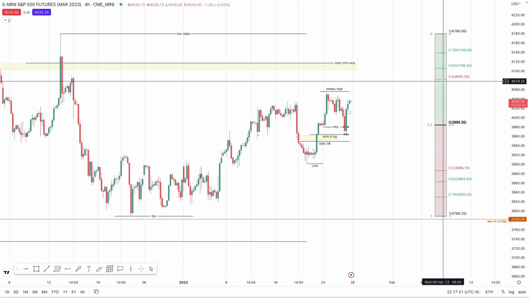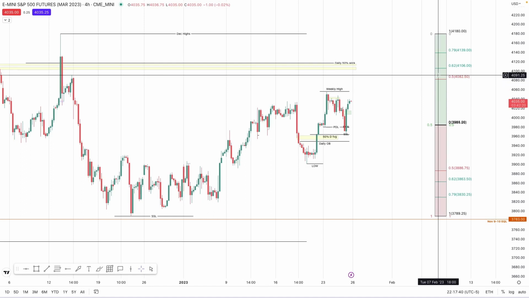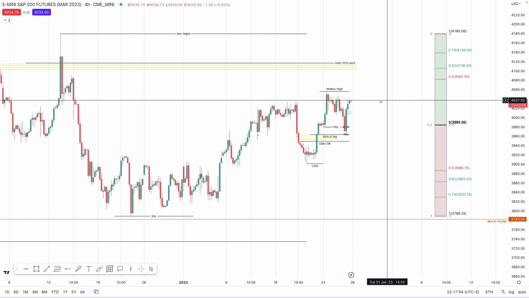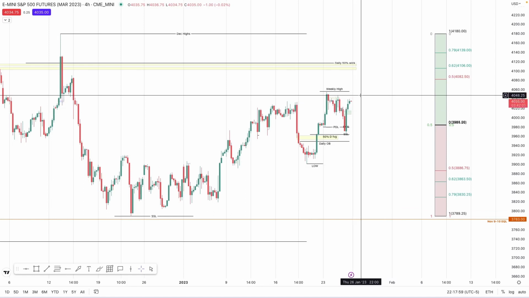So I think that tomorrow we could see this weekly high get taken out, and it's possible that we could target this next swing high at 40.91 Friday, depending on how price action is tomorrow, unless we get a retracement back down here, and then maybe we only target this 40.48 swing high tomorrow.